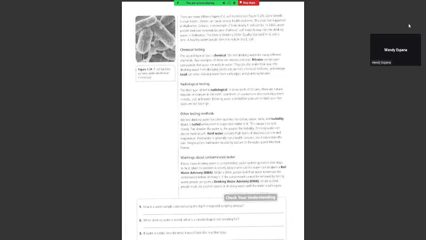There's also something called a drinking water advisory. That means that you can't get rid of the contaminants by boiling the water, that there's an issue and you need instead to not drink the water at all. So what you have to do in that case is get another source of drinking water.